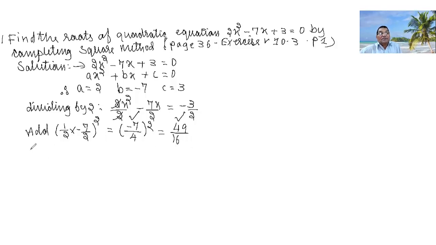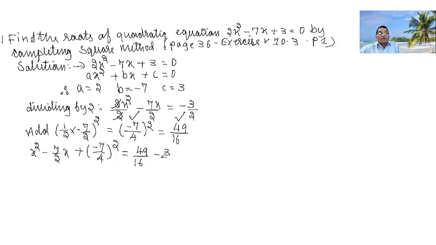Now it becomes x square minus 7 upon 2x plus minus 7 upon 4 bracket square, and in the RHS, 49 upon 16 and already minus 3 upon 2 is there.